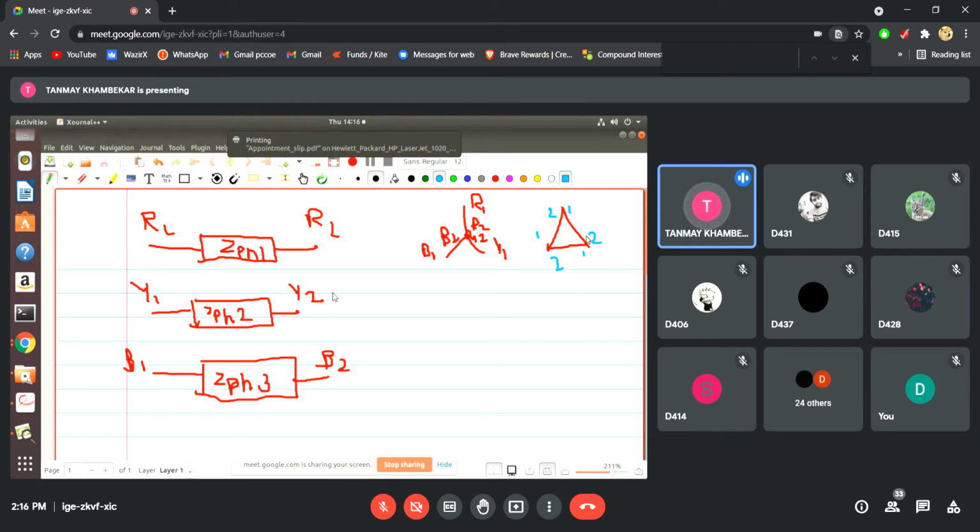The end of one phase is connected to the start of the next phase, and so on for each phase. So it forms a closed loop, and we say that it is connected in delta.